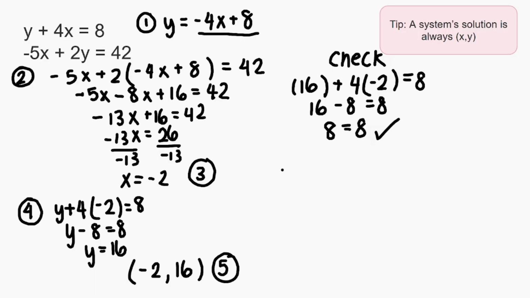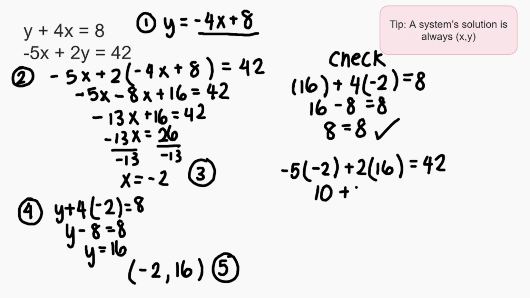Our next equation should also hold. So negative 5 times x, which is negative 2, plus 2 times y, which is 16, is equal to 42. So negative 5 times negative 2 is 10, plus 2 times 16 is 32, gives us 42. 42 equals 42. So we know that is true as well.